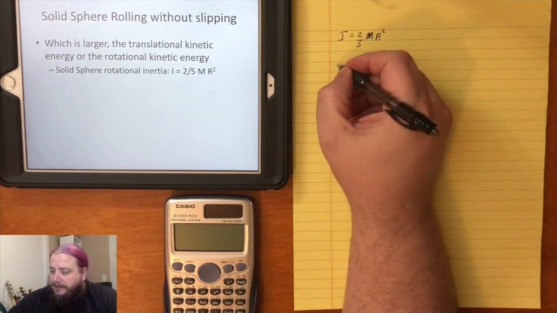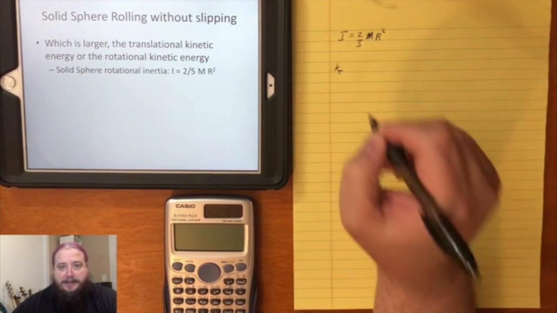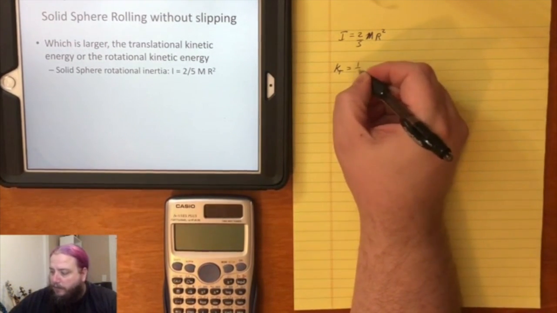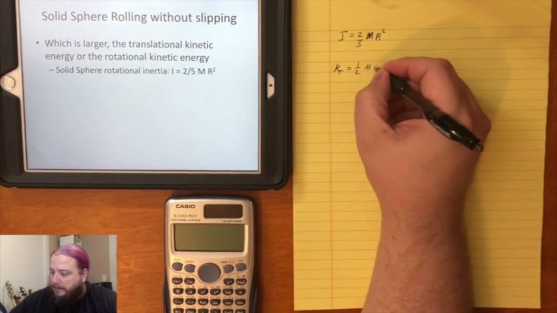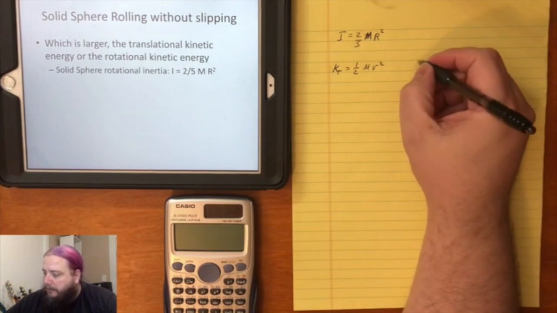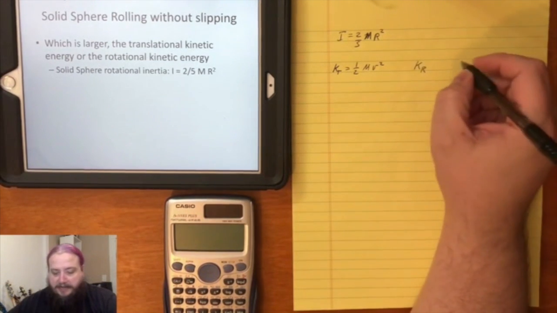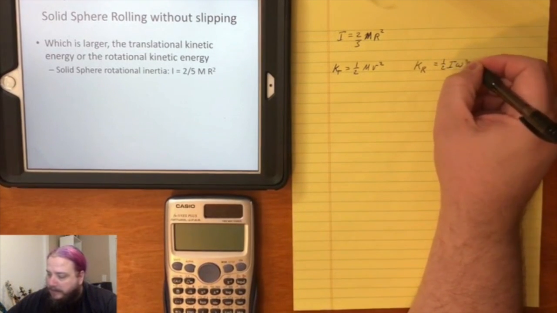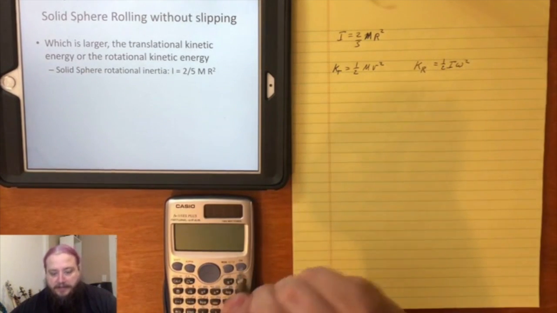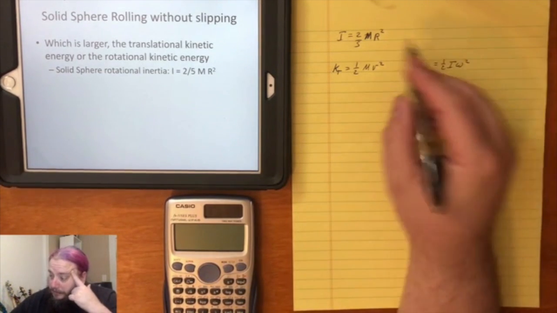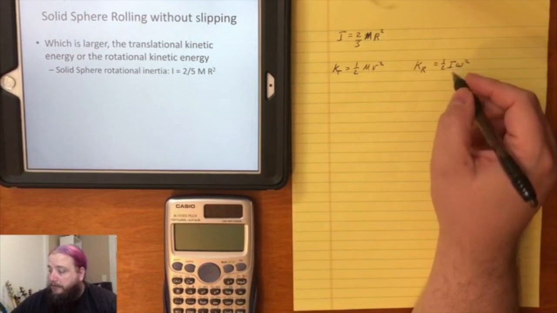We know that the translational kinetic energy, which I'm going to call K sub t here, is 1/2 m times speed squared, and that the rotational kinetic energy, K sub r, is 1/2 I omega squared. So the question is, how do we relate these two? Well, the first thing we can do is plug in the rotational inertia.